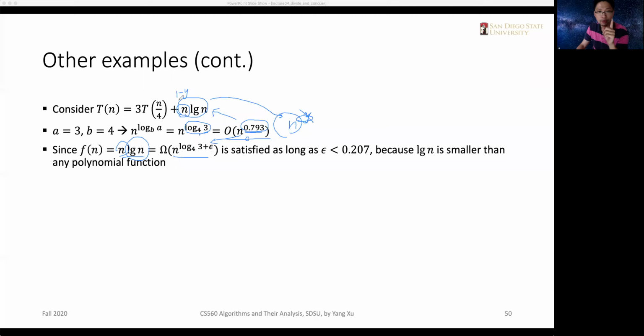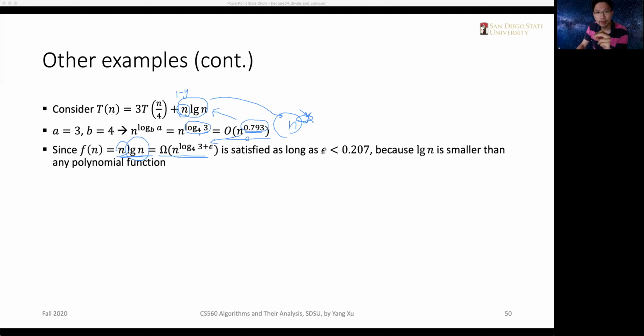And we want to show that this upper bound is satisfied, right?